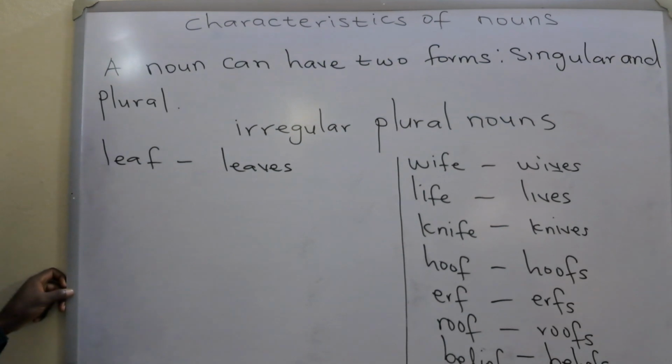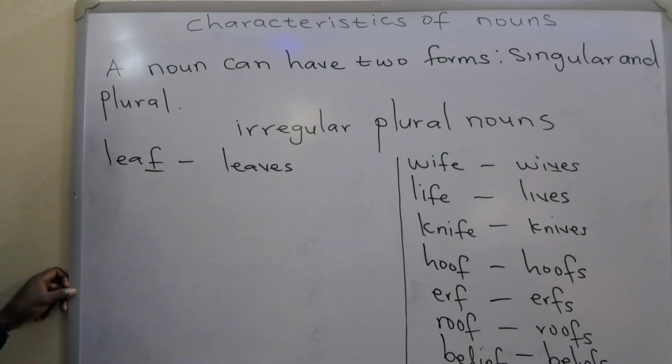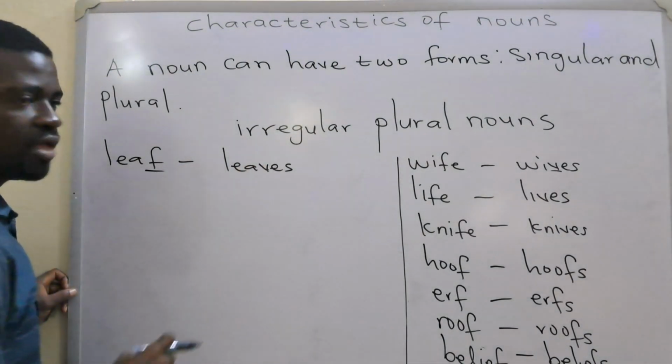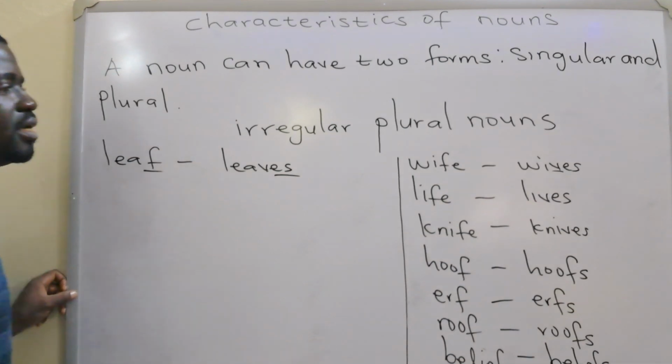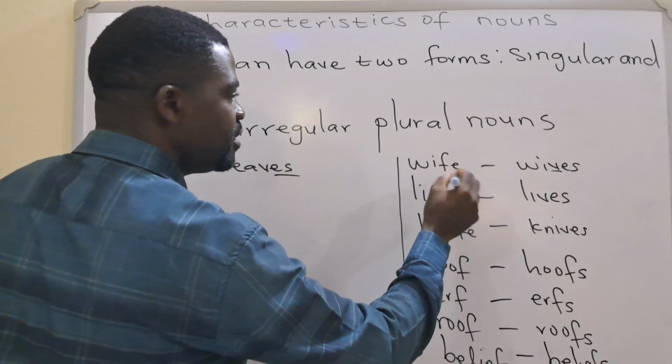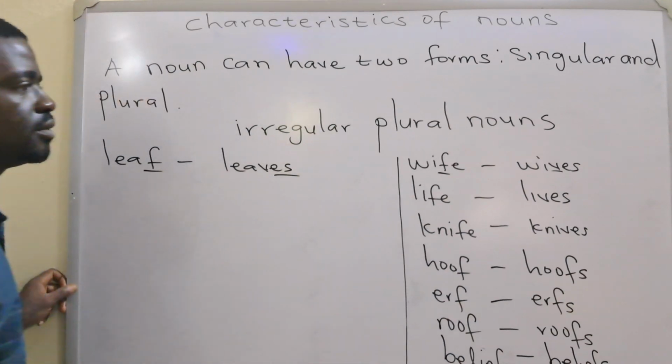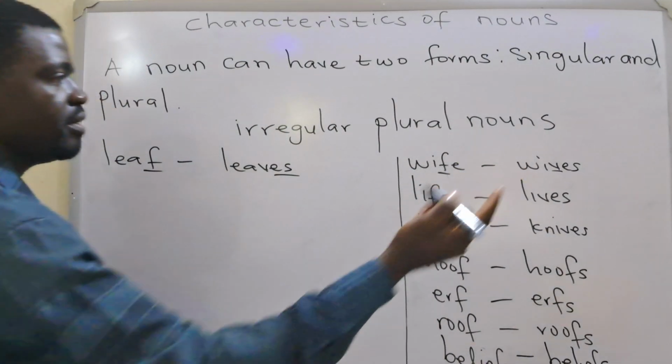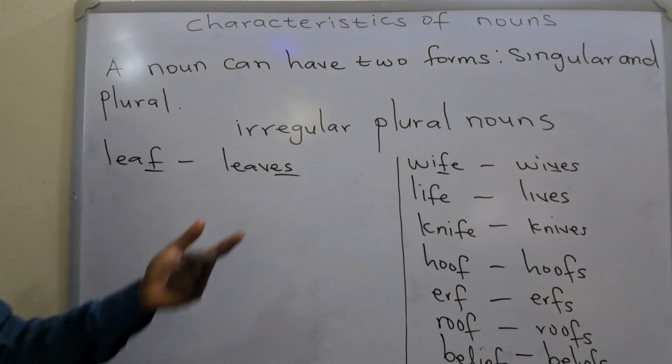Leaves. So you change your F to V and then you add your ES. If it is IFE, you change this one to V and then of course your ES remains.